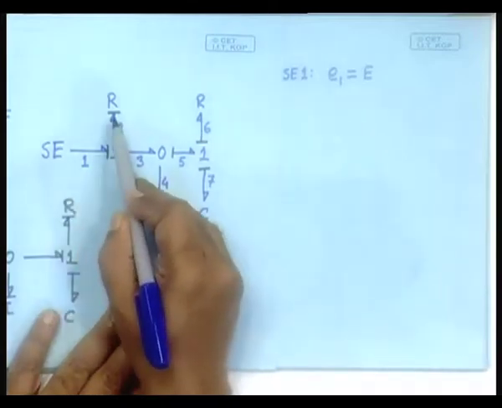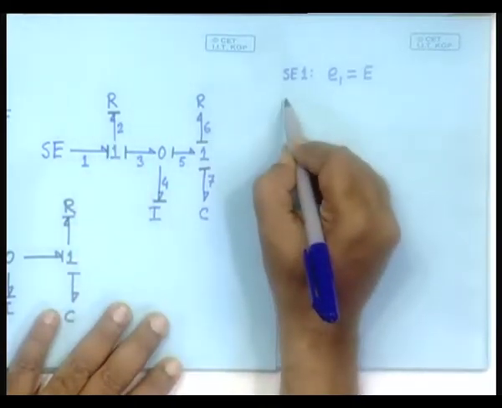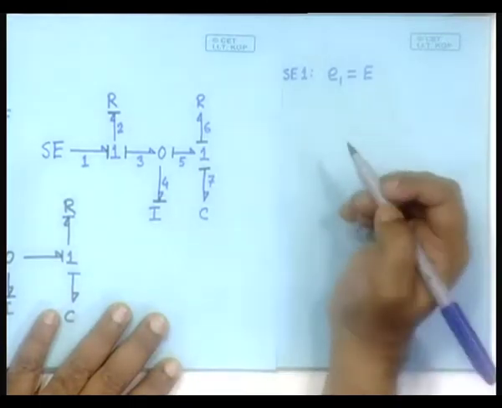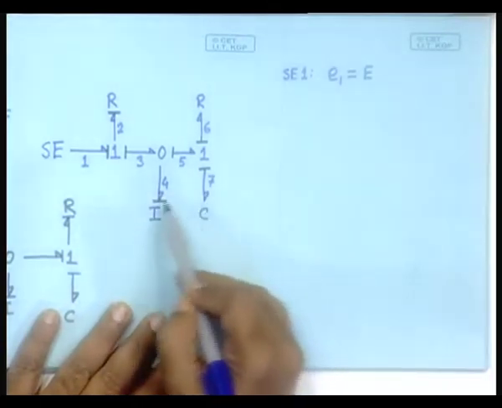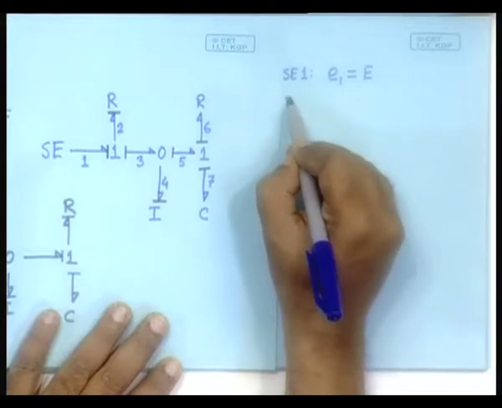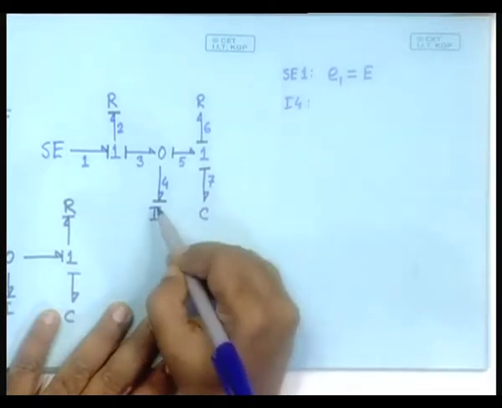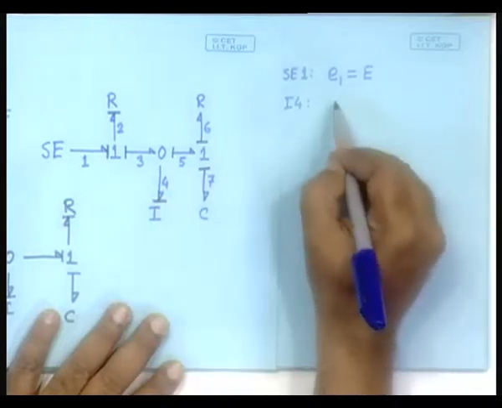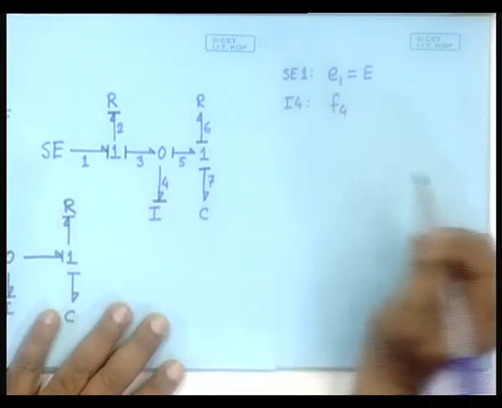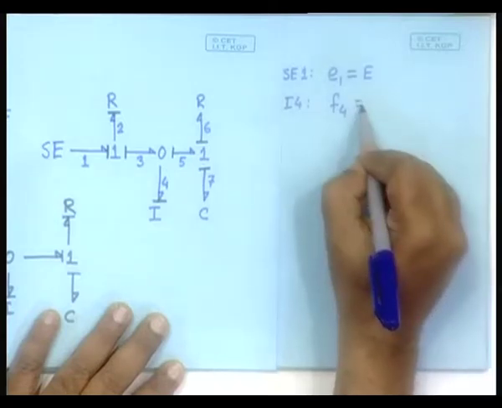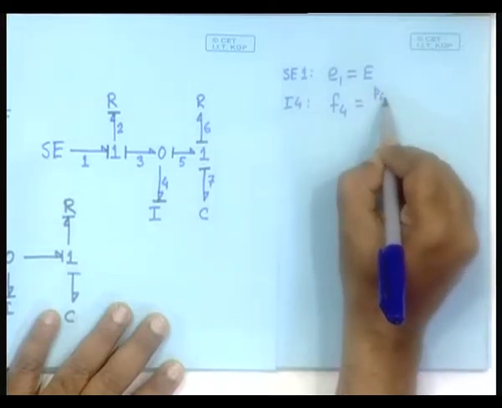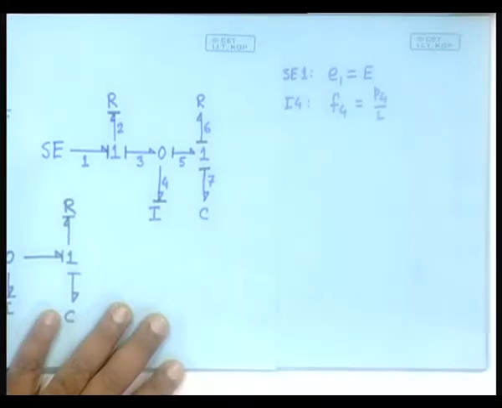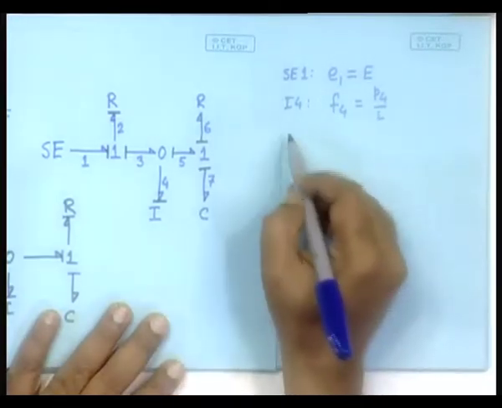Now, next is R2. So, R2 gives what? Okay, let us do it first with the storage elements. So, I4, what does it give to the system? F4 is equal to P4 by L. Okay, done.